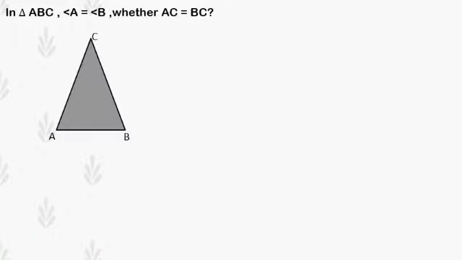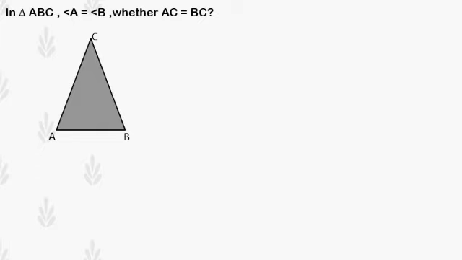Next, we are going to see if two angles of a triangle are equal, are the sides opposite to them also equal. Let us see with a question. The question is, in triangle ABC, angle A equals angle B, whether AC equals BC. Let's split the triangle into two as before.